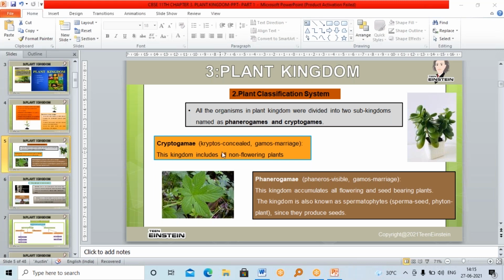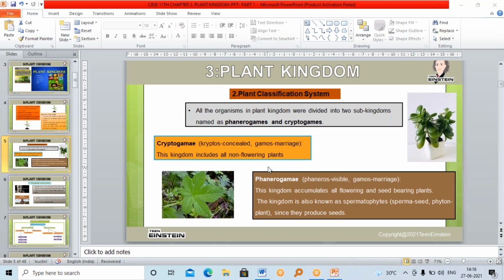So cryptogamy means they have reproductive structures which are hidden. And the complete word meaning is hidden marriage. Note down that. Cryptogamous means they have hidden reproductive structures. The word meaning is hidden marriage.